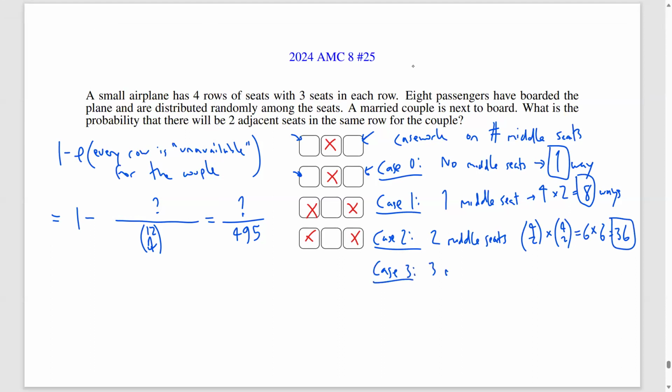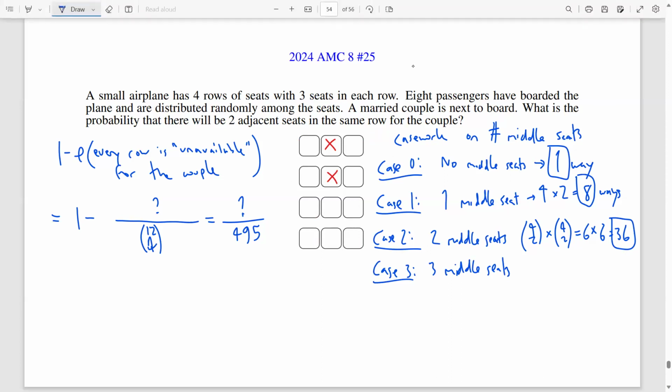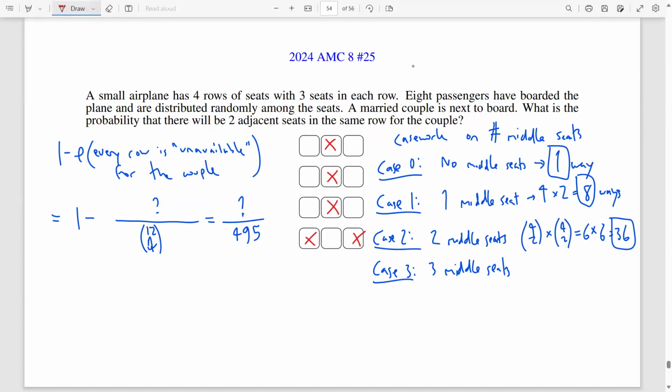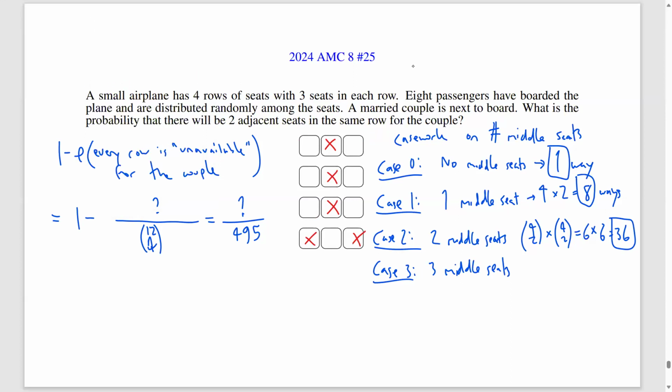For case 3, where there are 3 middle seats, again, we're going to be doing the same thing, just with different numbers of middle seats occupied. With 3 middle seats, you see that the remaining row, the left and right seats must be taken, and the remaining 3 passengers must sit among the 6 unoccupied seats in the first 3 rows.